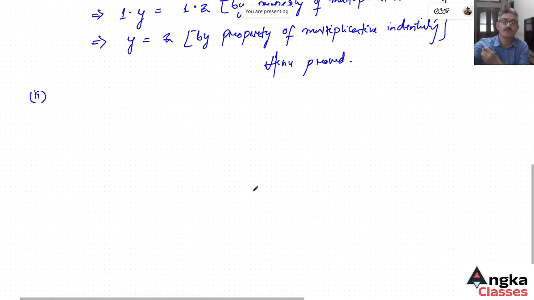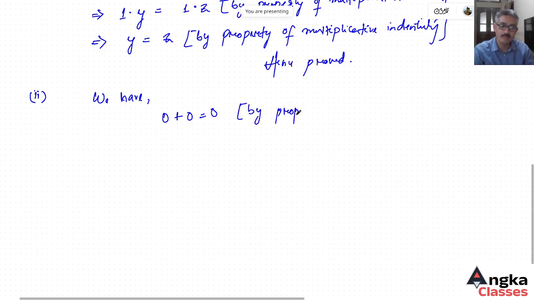So we know 0 plus 0 is 0, by property of additive identity. Additive identity means any number plus 0 gives the same number.